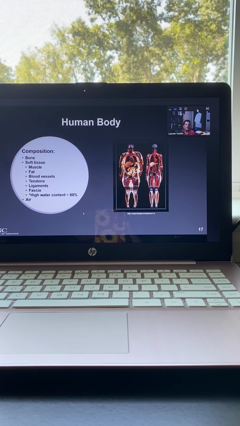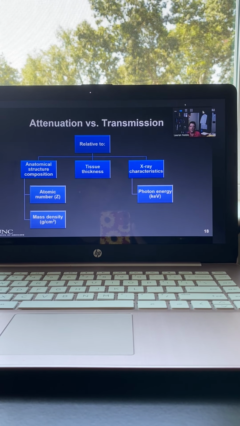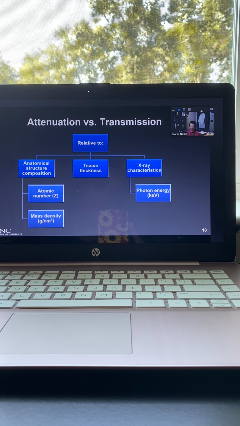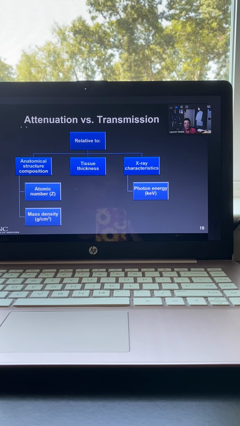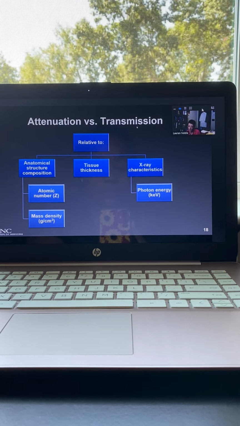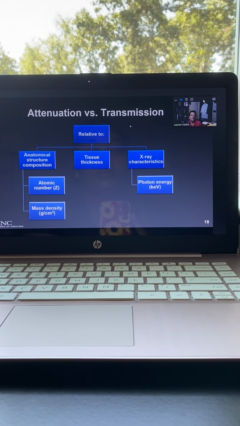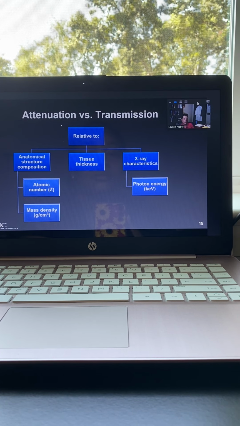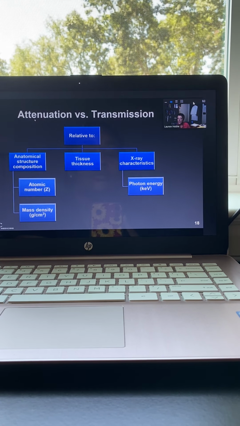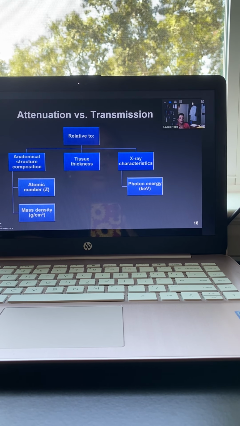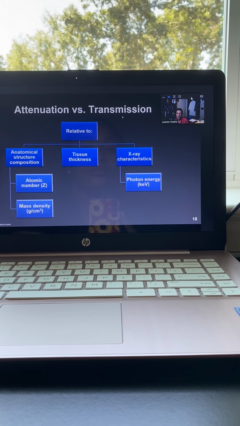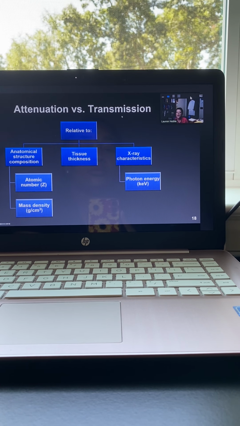So our body's made up of bone, soft tissue, and then, of course, we have air also incorporated into our bodies. And what the body is composed of has an impact on whether or not attenuation occurs versus transmission. So what we are composed of has an impact on whether or not we end up with attenuation, which means either photoelectric absorption or Compton scatter, or pure transmission.